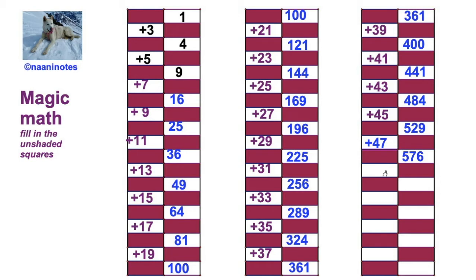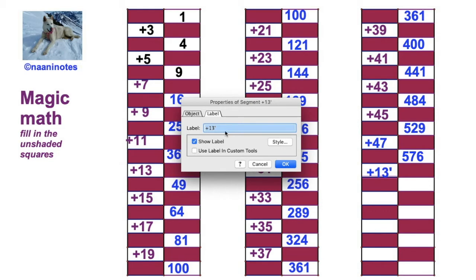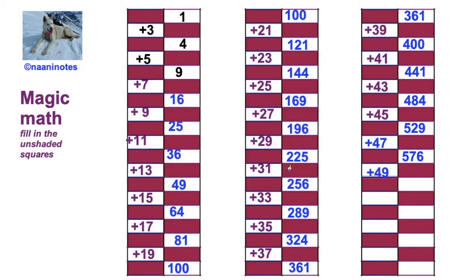Maybe it's up there. So we're going to add 49. How embarrassing. And let me see, we add that, and what do we get? We get 625.